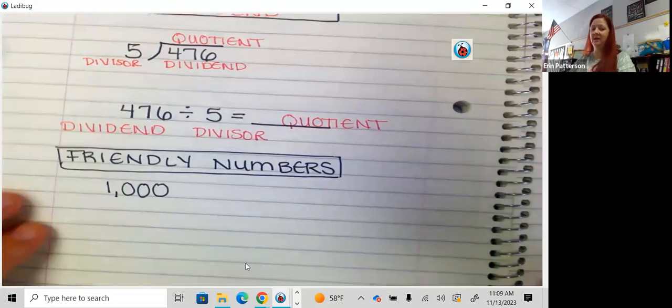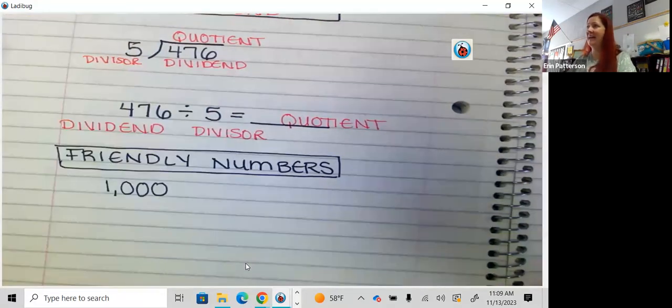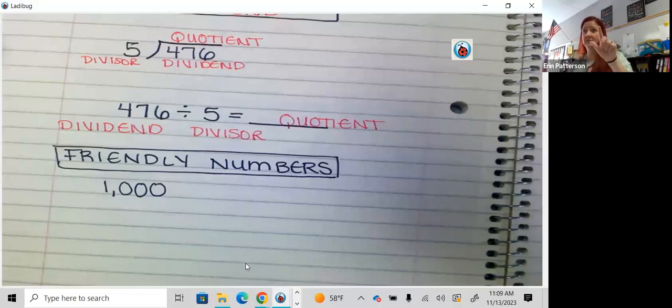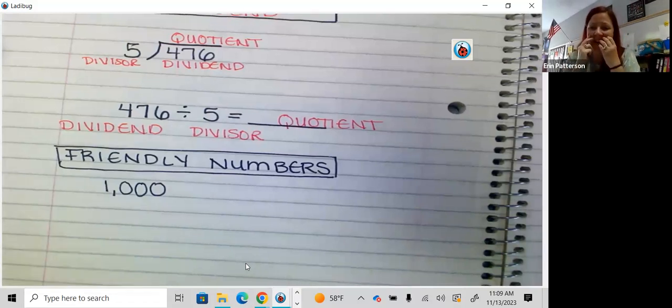And then from here, we're going to work our way down. Some of you may be able to count by 500s. 500, 1,000, 1,500, 2,000, 2,500, 3,000. But if you mess it up like this, that's probably not a friendly number for you.